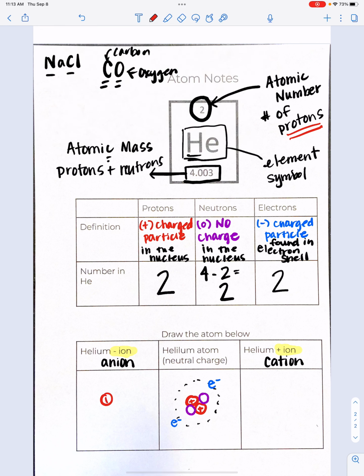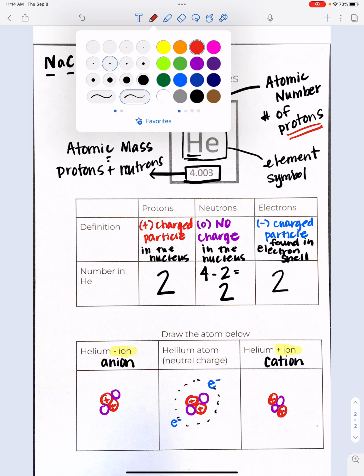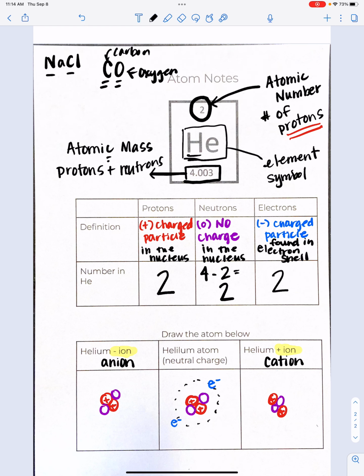Okay, so you should have positive, positive, neutron, neutron, neutron, neutron, proton, proton. The nucleus of the atom does not change. The change is going to occur with your electrons, because that is what changes during bonding to make things charged or uncharged.